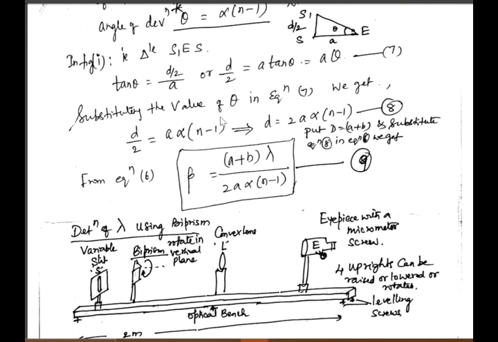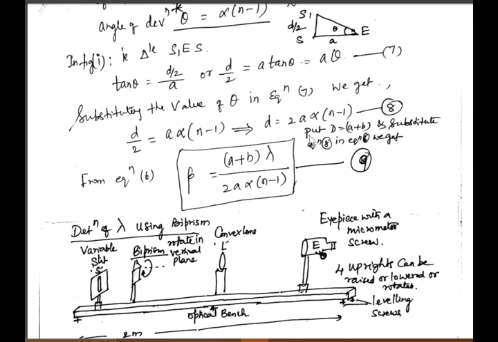That is equation 7. Substituting the value of theta in equation 7, we get d by 2 is equal to A into, in place of theta, you write alpha into (n minus 1). So d is equal to 2A alpha into (n minus 1).